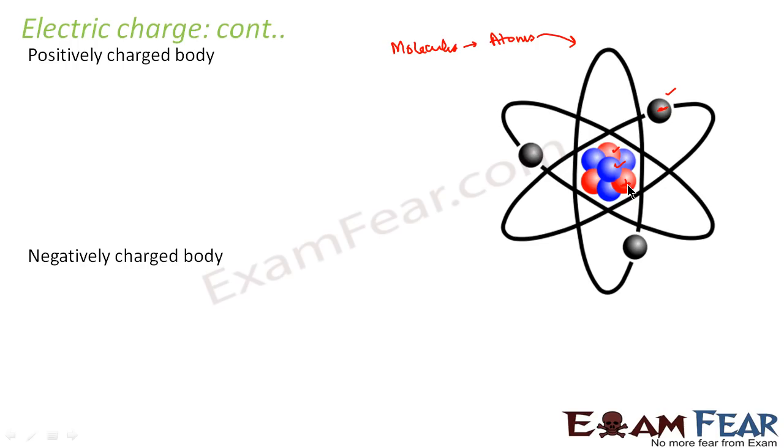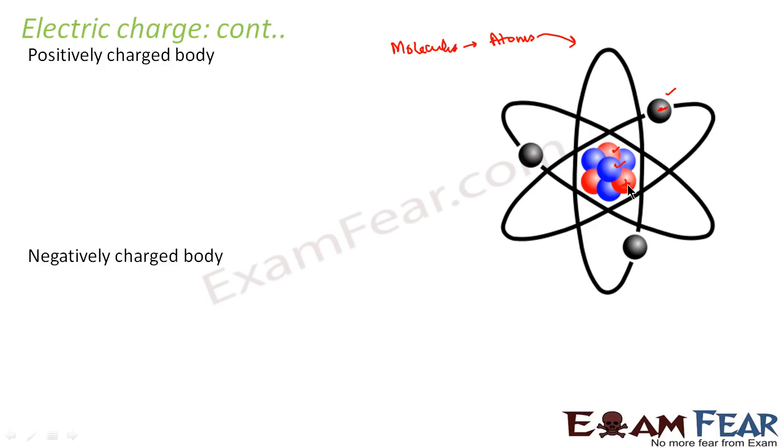So when do we say that a body is positively charged? As the name suggests, if I am saying that a body is positively charged, that means the body will have more of positive charge. More of positive charge would mean less of negative charge.